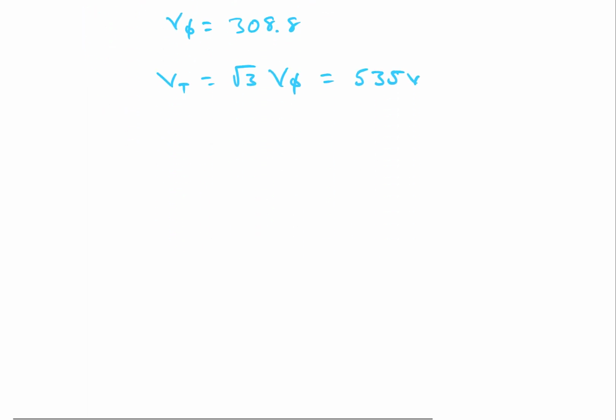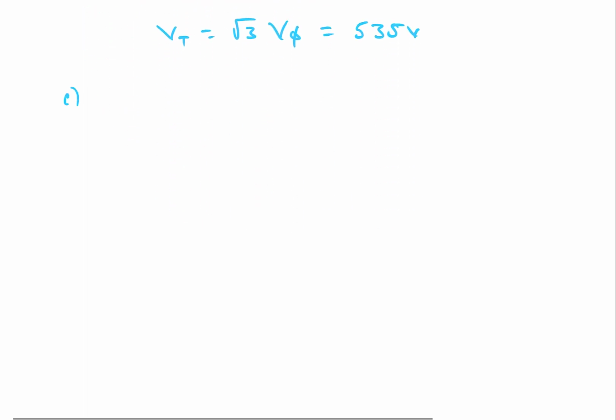Okay, in part C, we are asked to find the output power of the generator at 60 amps and 0.8 power factor lagging. So P out is equal to 3 VP IA cosine theta. Again, 3 because our model is per phase. There's 3 phases.